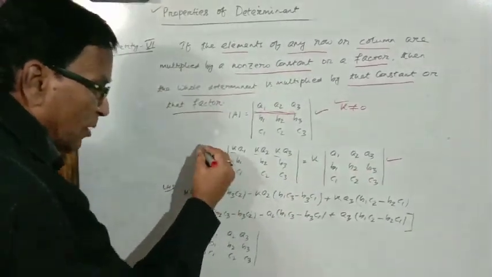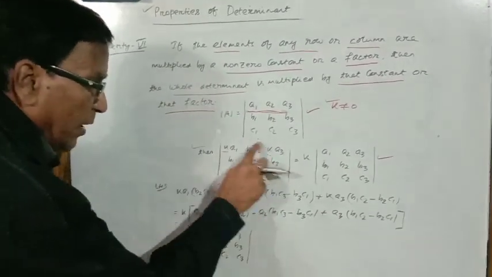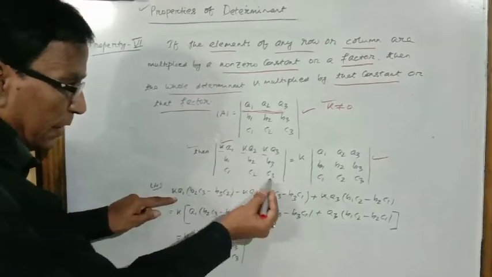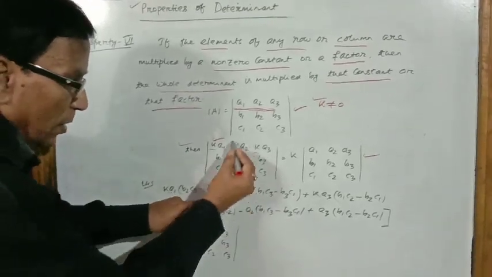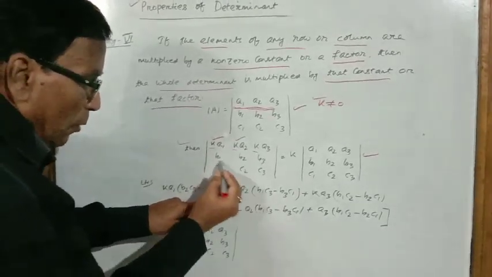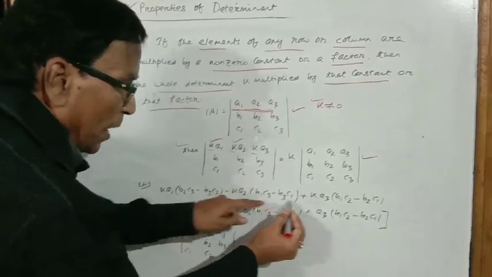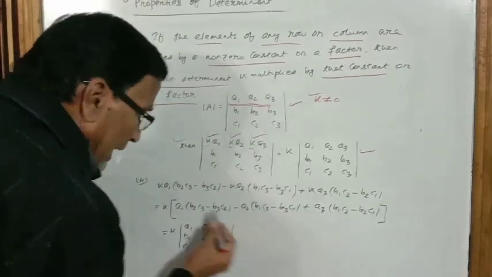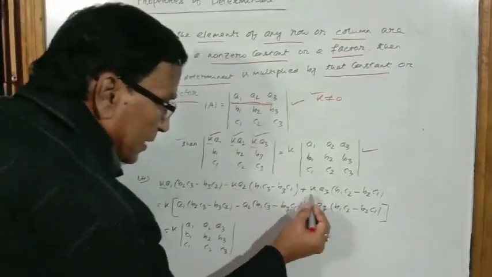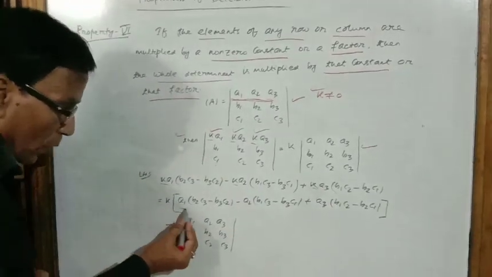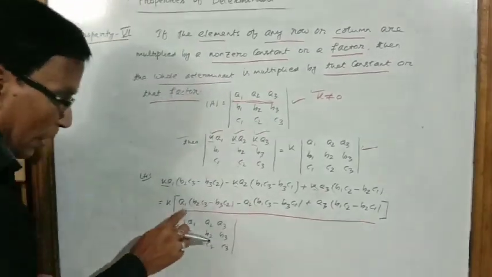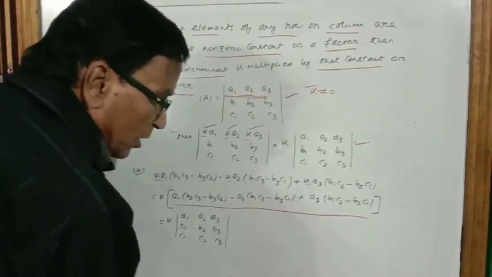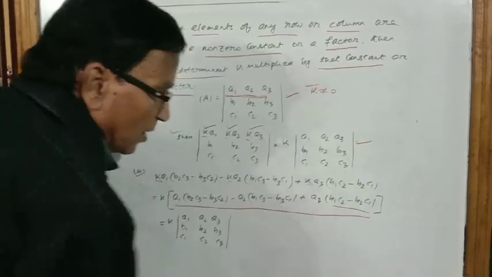On expanding the left hand side, it is equal to k A1 into B2 C3 minus B3 C2, minus k A2 into B1 C3 minus B3 C1, plus k A3 into B1 C2 minus B2 C1. Again taking k common, we get k into A1 into B2 C3 minus B3 C2, minus A2 into B1 C3 minus B3 C1, plus A3 into B1 C2 minus B2 C1.